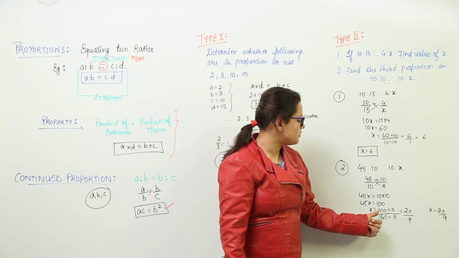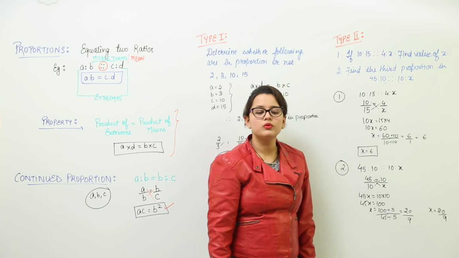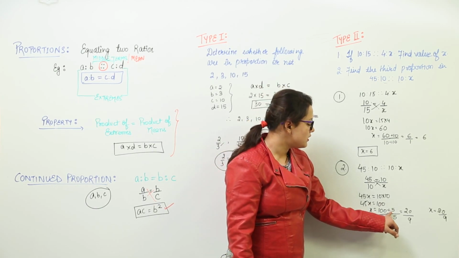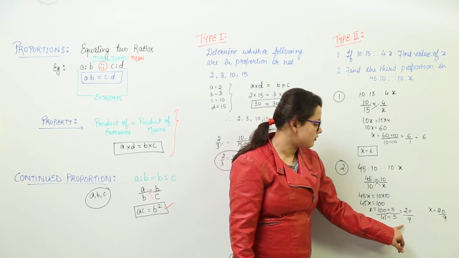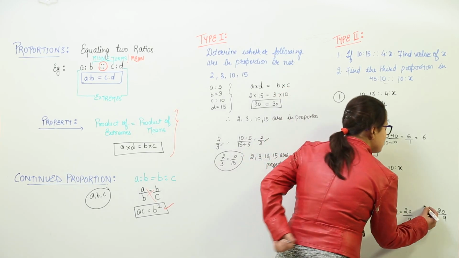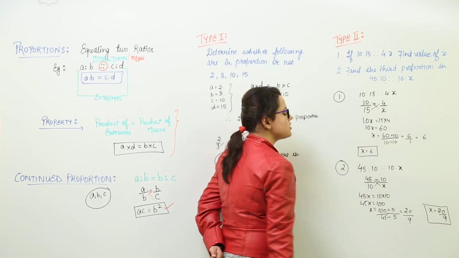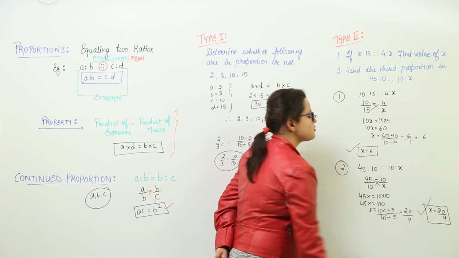So x comes out to be 100 divided by 45. Because we have the factor 5 common to both, we divide both numerator and denominator by 5. Here we get 20 and here 5 nines are 45. So the x value should be 20 upon 9 to get this proportion, or you can say to get this continued proportion equal. So this is the way we can solve questions based on proportions.